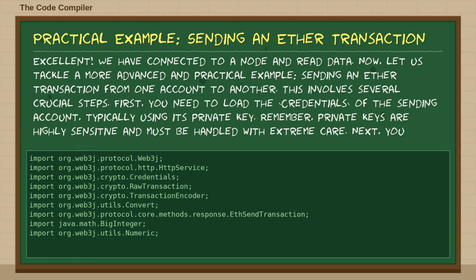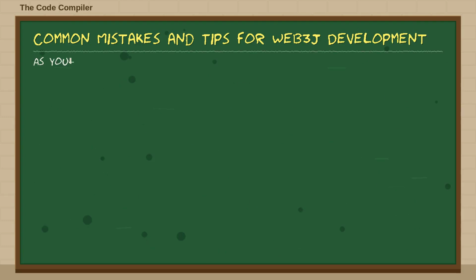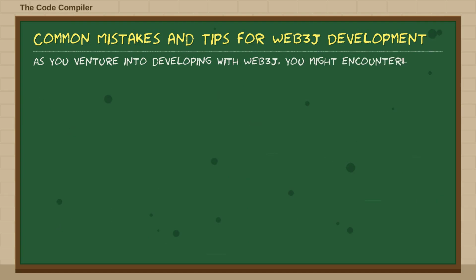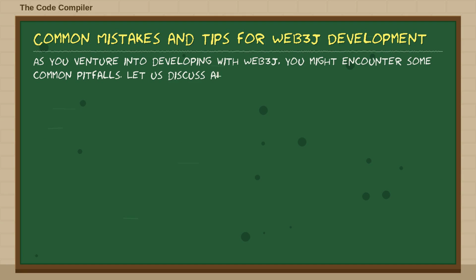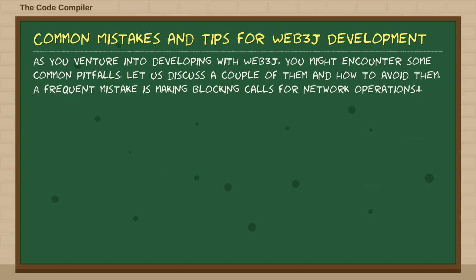As you venture into developing with Web3j, you might encounter some common pitfalls. Let us discuss a couple of them and how to avoid them. A frequent mistake is making blocking calls for network operations. Many Web3j methods return a request object.